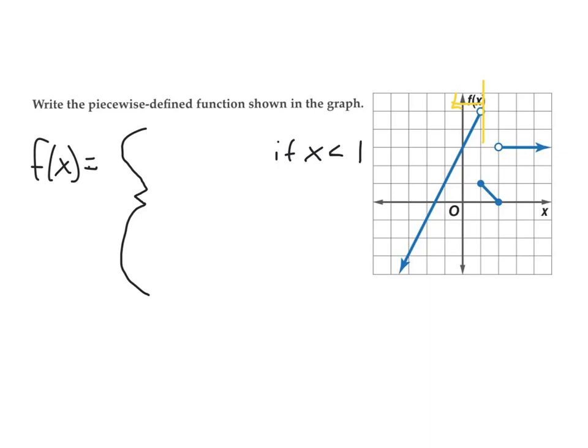All right, let's look at this next one. I have a left boundary and a right boundary. What's the left boundary? 1. What's the right boundary? 2. How do I write that inequality? It is an and statement. It's just like an and statement, but we can write it as a compound statement.